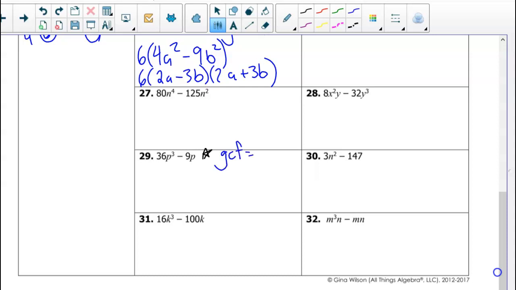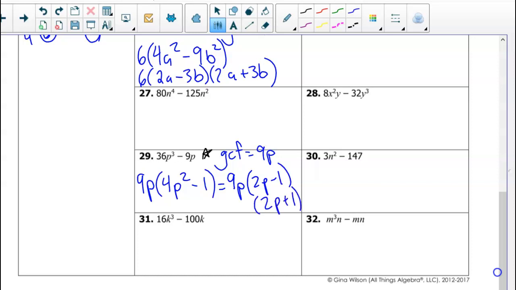The highest number I can take out of both is 9. The highest number of p's I can take out of both is 1. So when I divide both of these by 9p, I'm left with 4p squared minus 1. Now, looking at it, 4p squared and 1 are perfect squares, so I'm going to be left with 9p times 2p minus 1 and 2p plus 1.